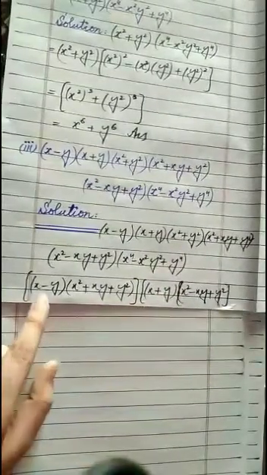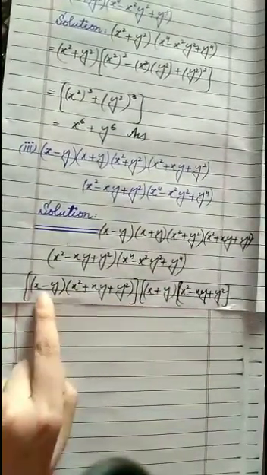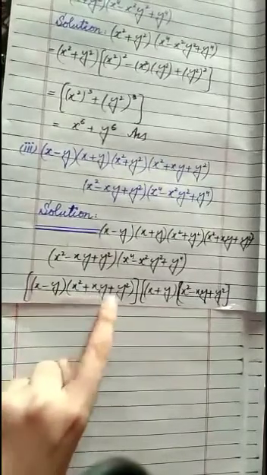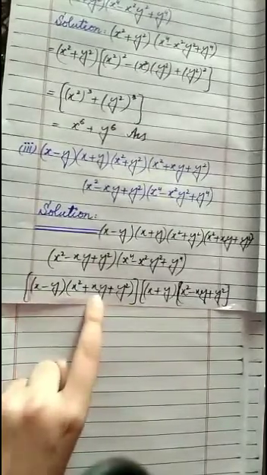We will apply a formula on this term first, (x − y)(x² + xy + y²). Which formula can we apply here?